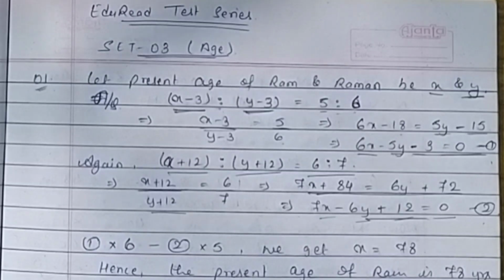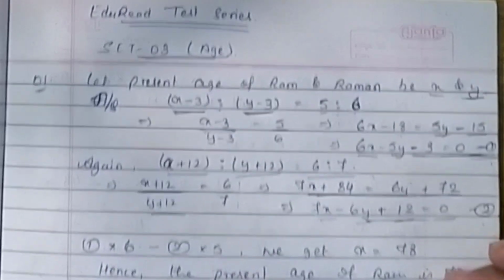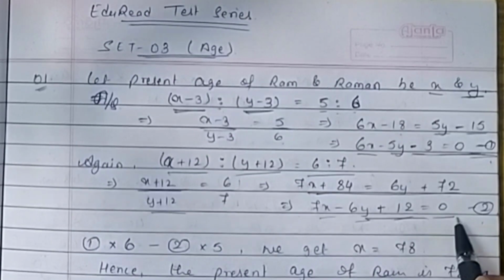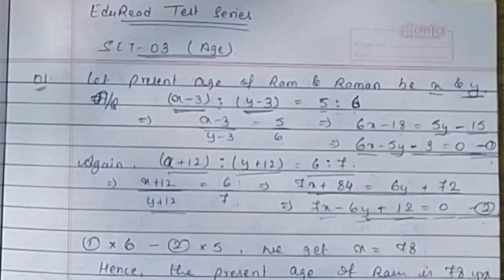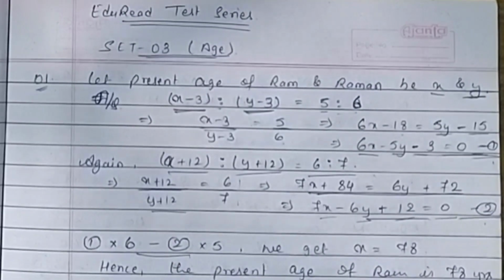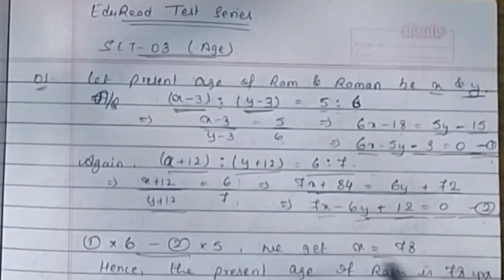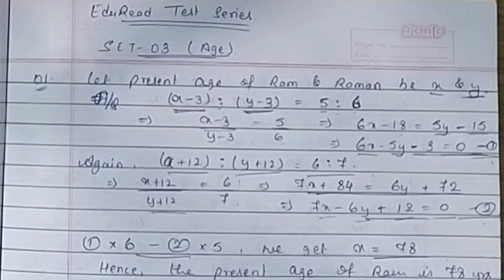To solve this, we multiplied equation number 1 by 6 and equation number 2 by 5, and subtracted equation number 2 from equation number 1. By performing this operation, we got the value of x to be 78.